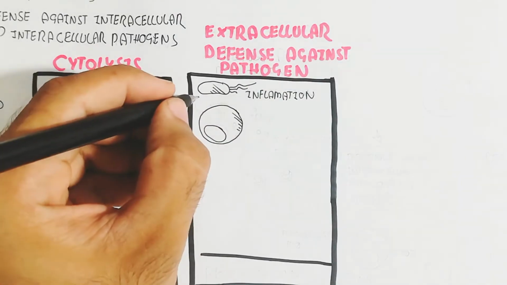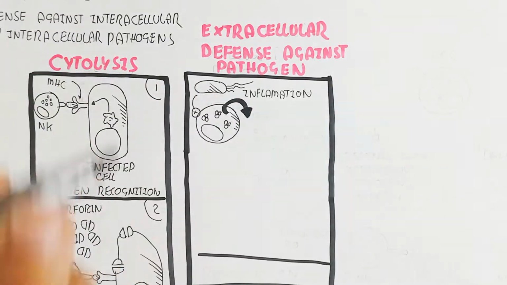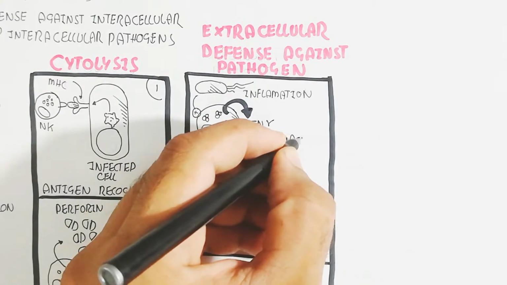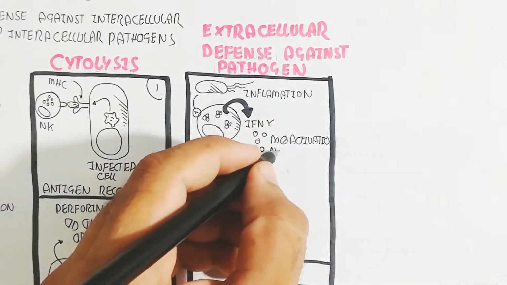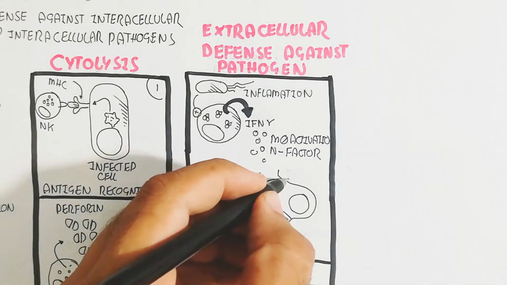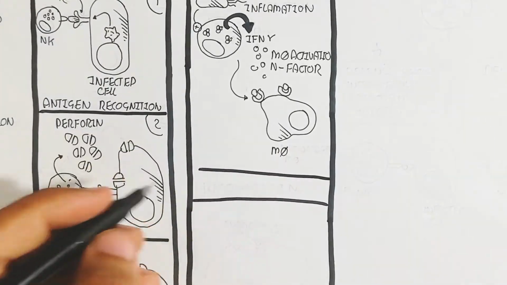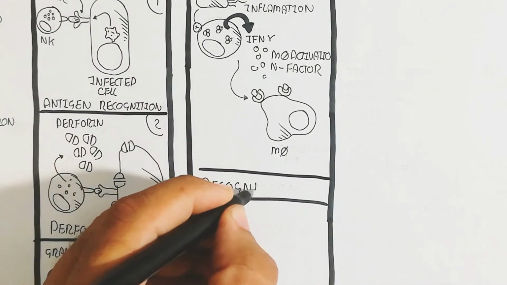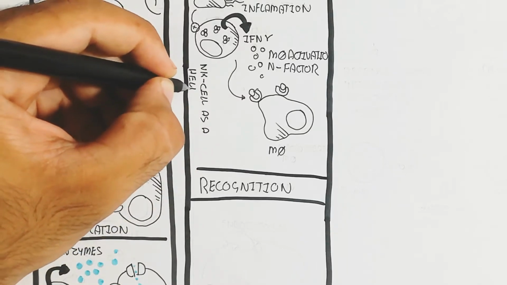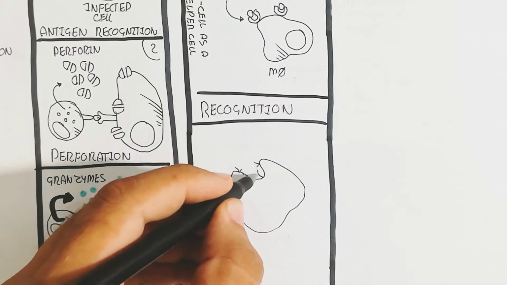In extracellular defense against pathogens, inflammation is caused by the pathogen, which is recognized through a receptor and produces interferon gamma. This interferon gamma binds to the macrophage receptor, the interferon gamma receptor, which acts as a macrophage activation factor, and the natural killer cell works as a helper cell in this manner.